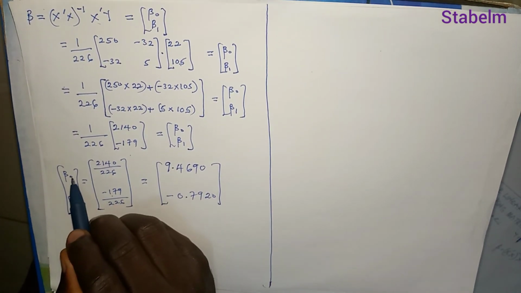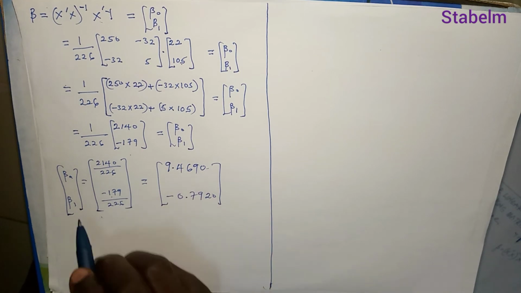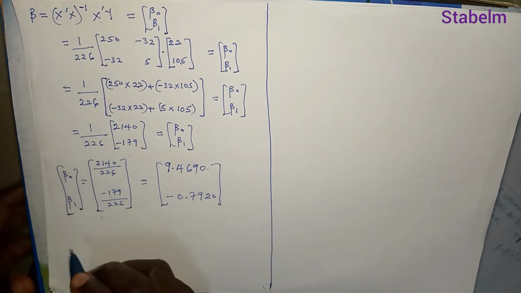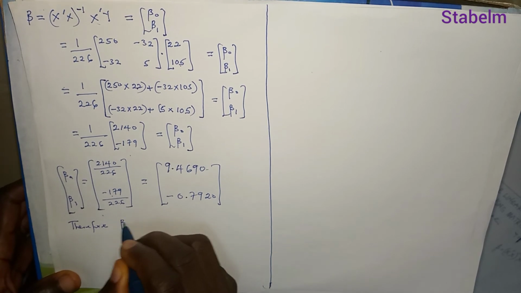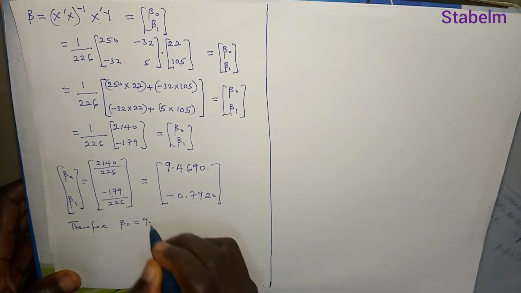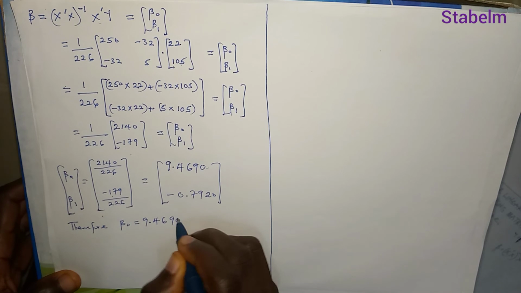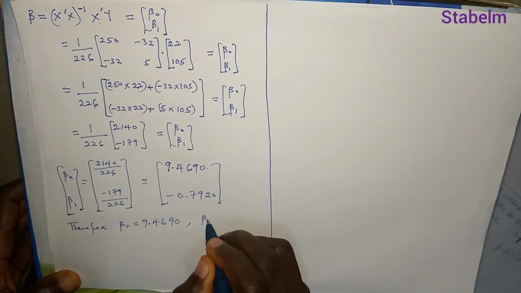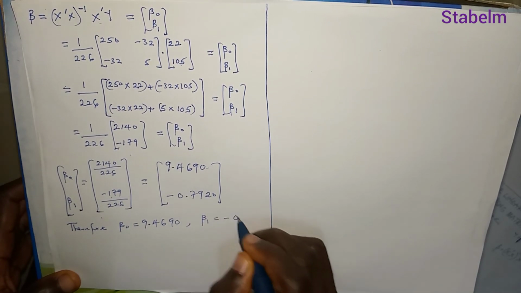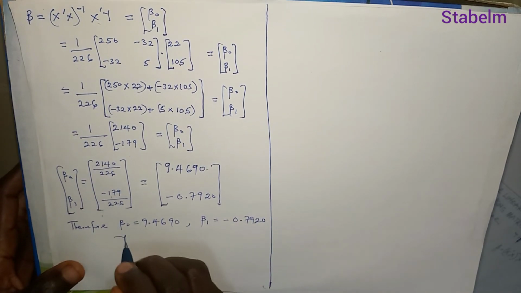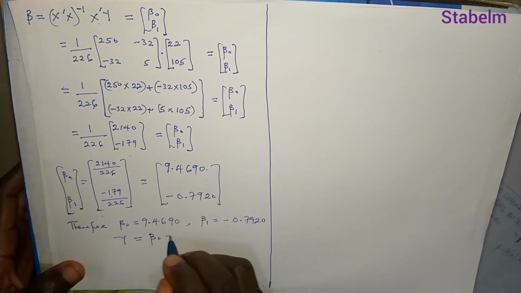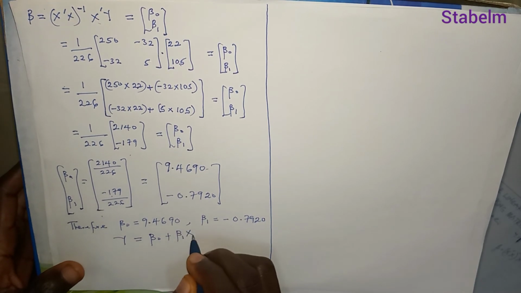So it means our beta naught equals this value, our beta 1 equals this value. Therefore, beta naught equals 9.4690, and beta 1 equals minus 0.7920.